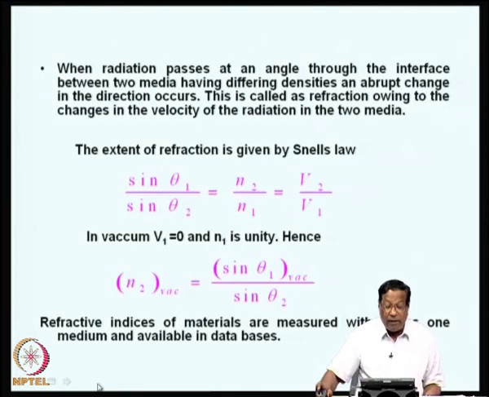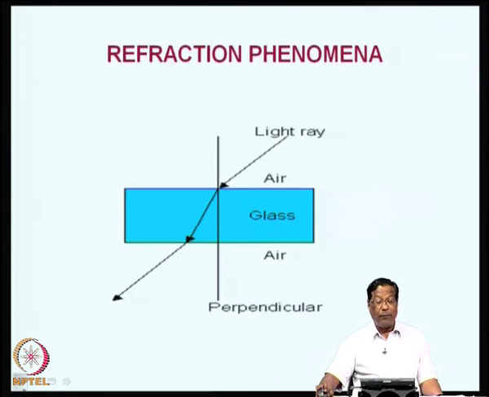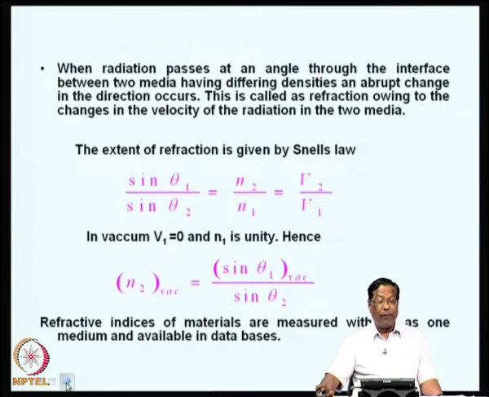When the radiation passes at an angle through the interface between two media having different densities, an abrupt change in direction occurs. This is called refraction, owing to the changes in the velocity of the radiation in the two media.